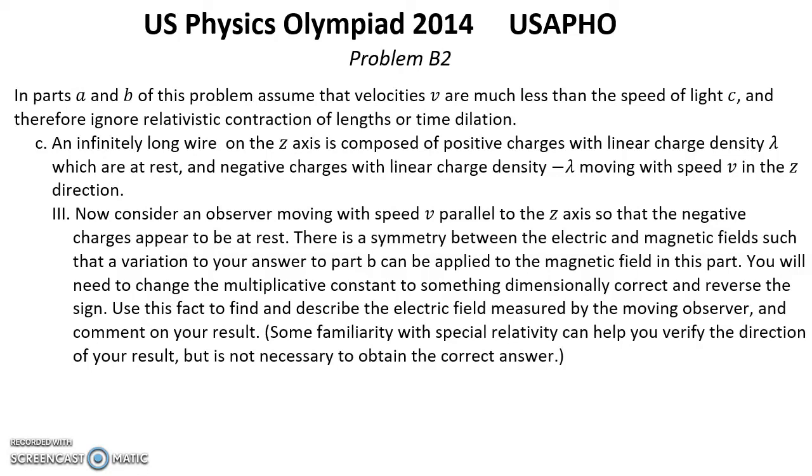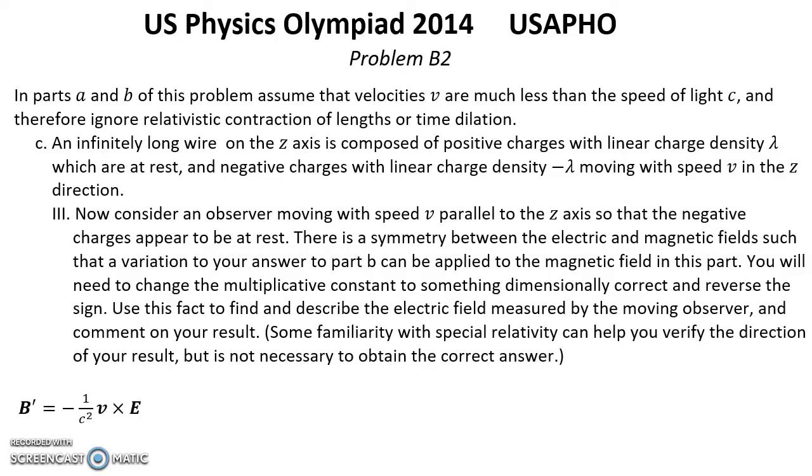You will need to change the multiplicative constant to something dimensionally correct and revise the sign. Use this fact to find and describe the electric field measured by the moving observer, and comment on your result. Some familiarity with special relativity can help you verify the direction of your result, but is not necessary to obtain the correct answer.